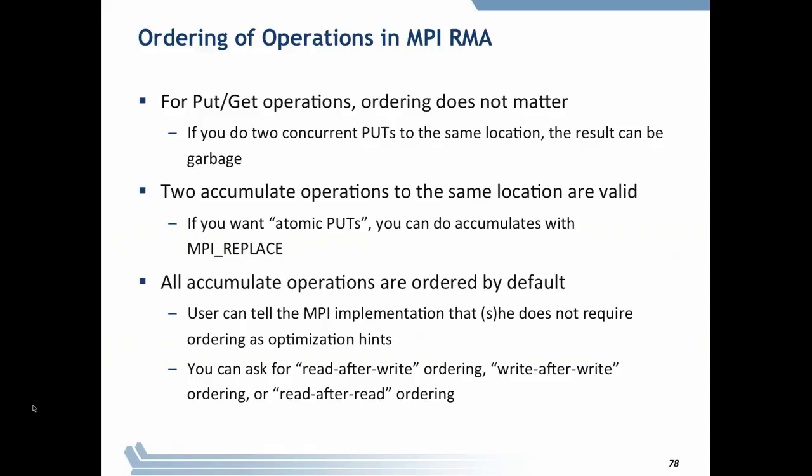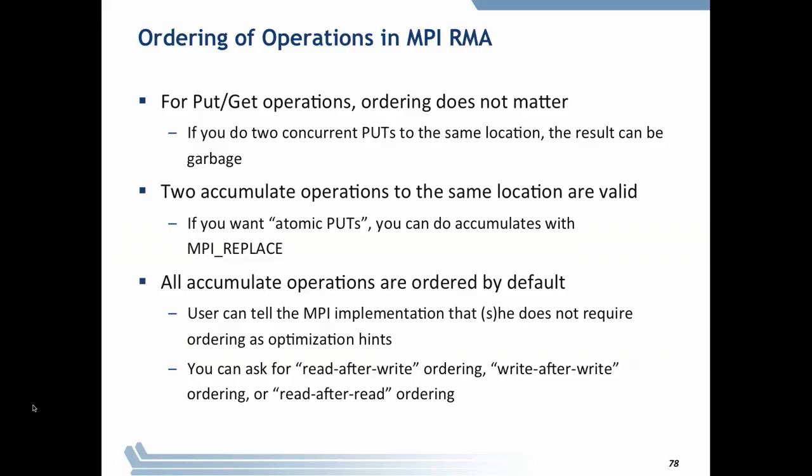Why are we doing parallel programming? It's for performance. There are a lot of subtle issues with ordering. So remember, all of these operations are non-blocking. If I do two puts to the same location, I could define what that means, but enforcing that in the hardware can be expensive.